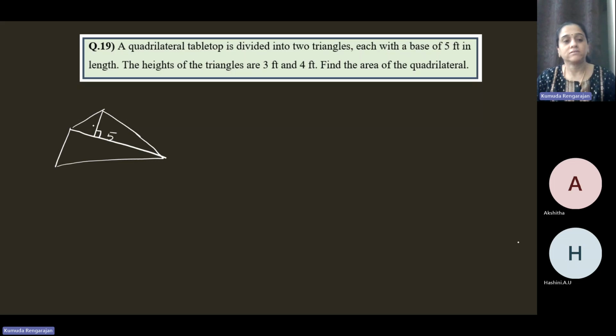So this is how you should mark. These are the heights, 3 and 4. What's the formula to find the area of a quadrilateral? Area of quadrilateral.